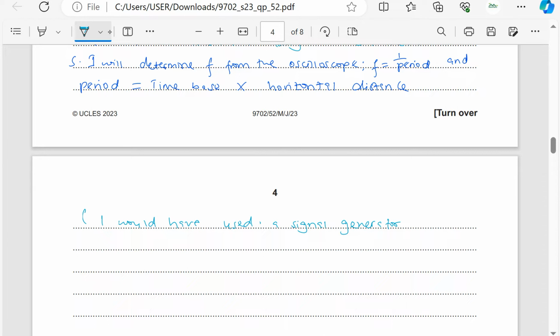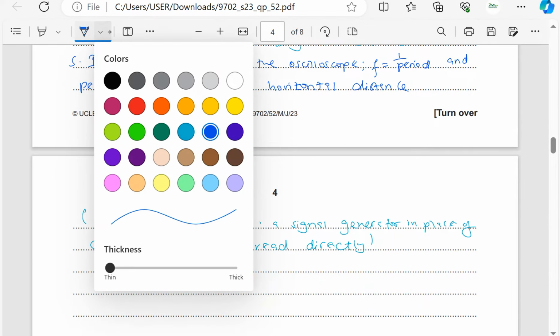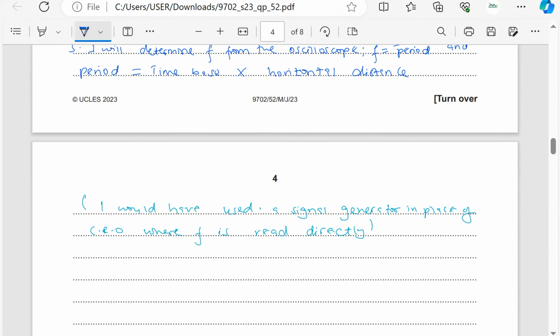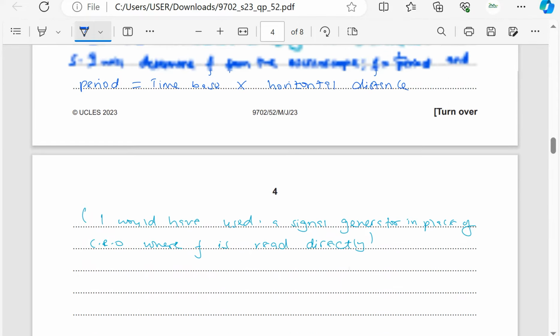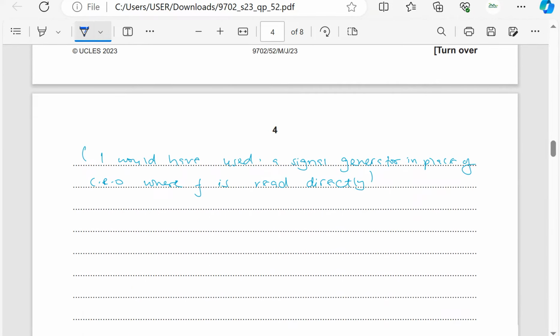For a signal generator, F is read directly from it. So that is another way of doing it. Of course, you don't write both at the same time in an exam. I'm just giving you an alternative because I'm a teacher.